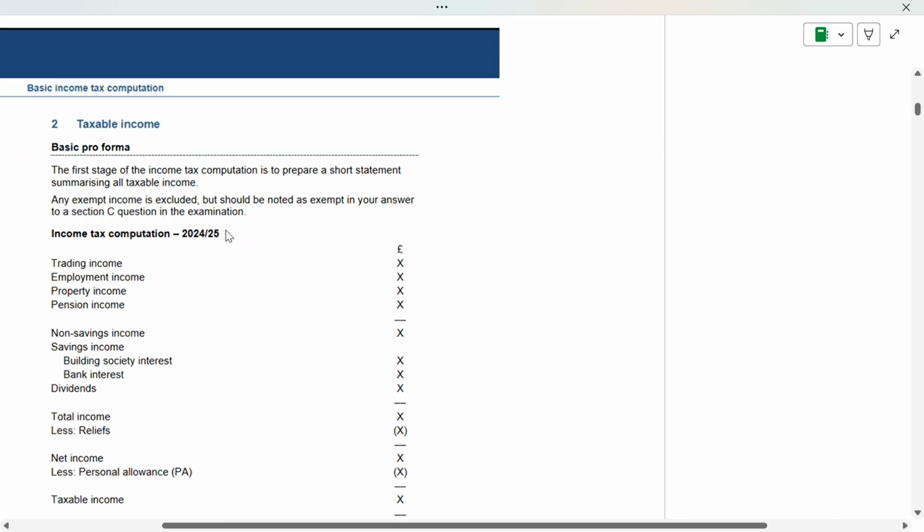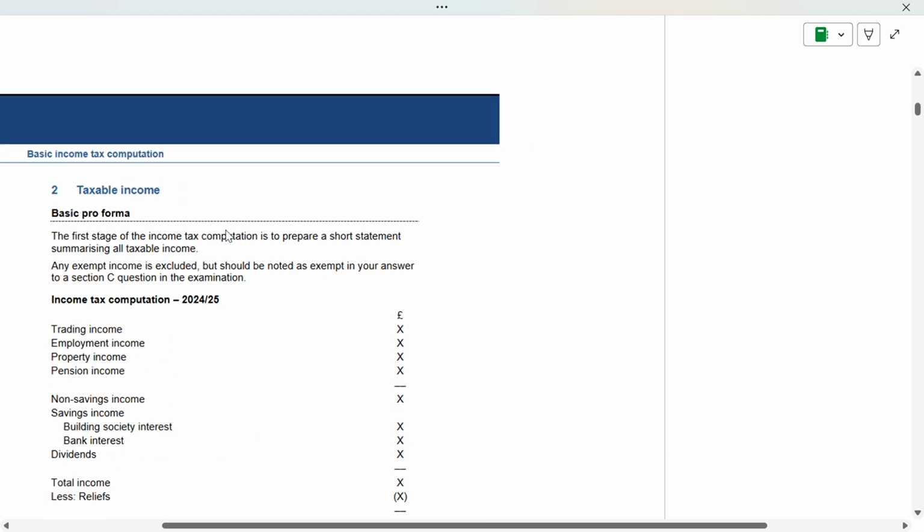Okay, now this is the pro forma, the basic pro forma. The first stage is the tax computation. It is a statement where any exempt income is excluded but should be noted as exempt in your answer to a Section C question in the examination. I told you, you have to write exempt. If it is zero, you have to write zero also.